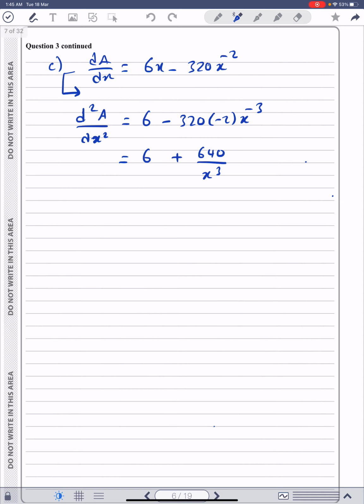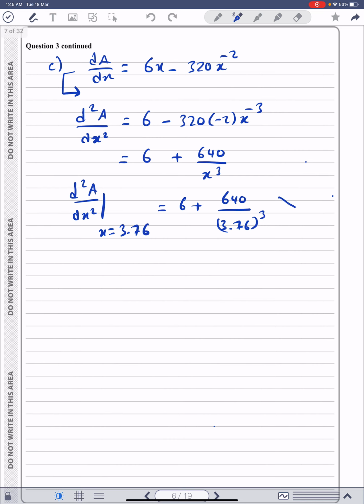Since x is positive, what we'll be doing now is just substituting x by 3.76, which is 6 plus 640 over 3.76 all cubed.